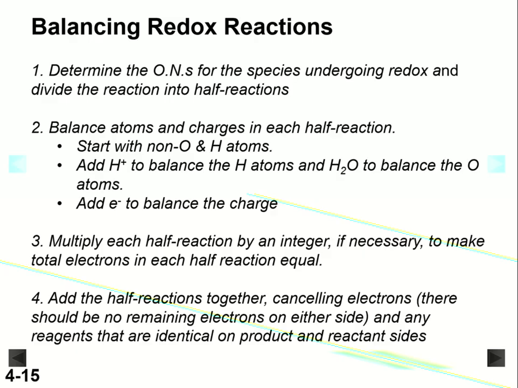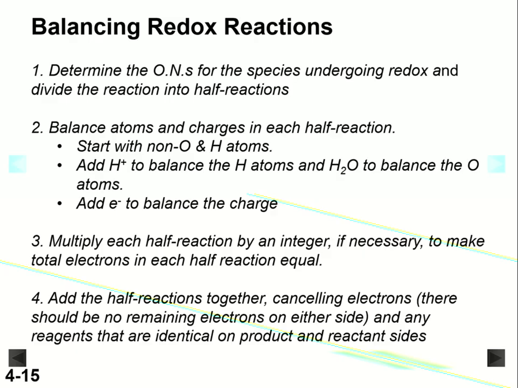So the charge on the product side will not equal the charge on the reactant side. So you will need to add electrons to one side only to balance out the charge for one half reaction. If you have an oxidation half reaction, you will have to put the electrons on the product side. If you have a reduction half reaction, you'll put the electrons onto the reactant side.